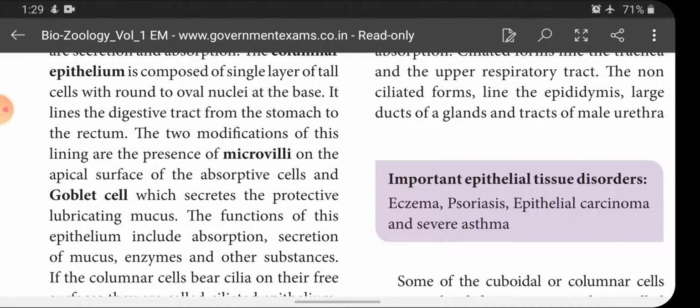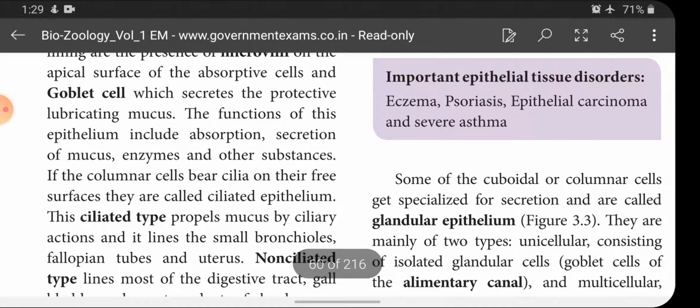The functions of this epithelium include absorption and secretion of mucus, enzymes and other substances. If the columnar cells bear cilia on their free surface, they are called ciliated epithelium. This ciliated type propels mucus by ciliary action, and it lines the small bronchioles, fallopian tubes and uterus.